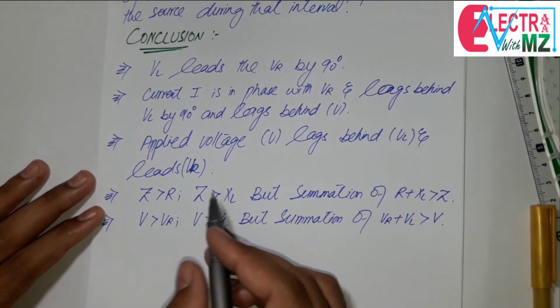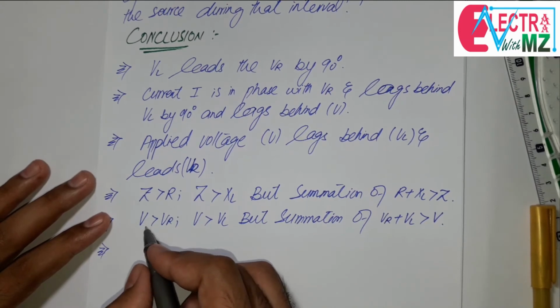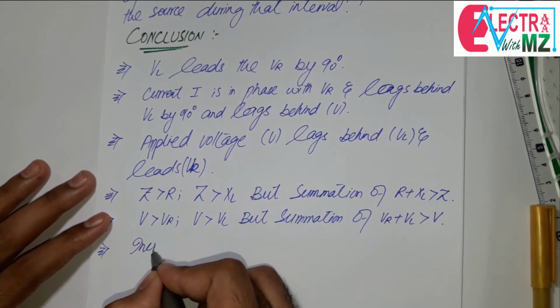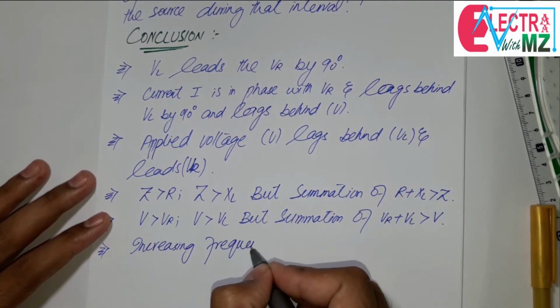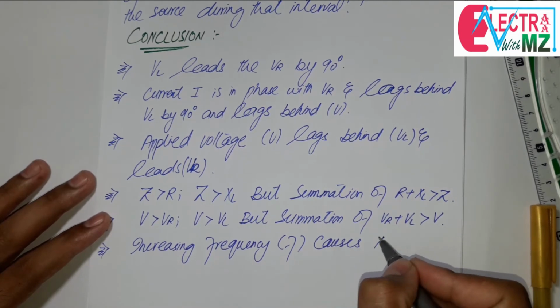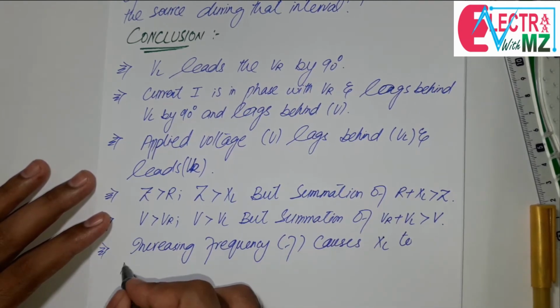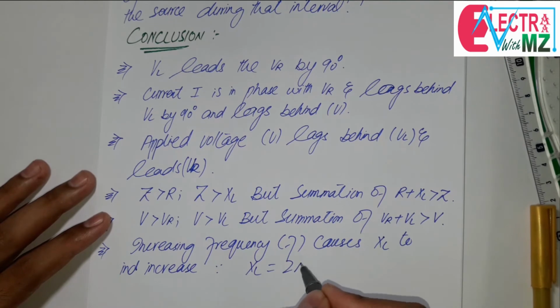Okay. Also, last but not the least, increasing frequency F causes inductive reactance XL to increase, because XL is equal to 2 pi FL.